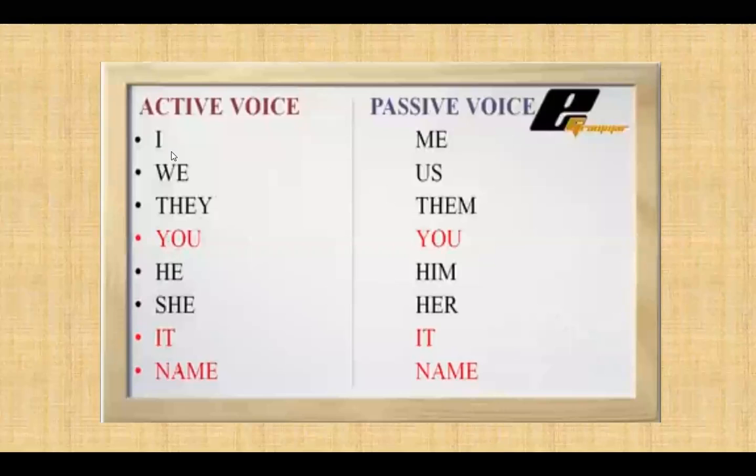Whereas the changes occur when we have I, we, they, he, and she in the active voice. I changes into me, we into us, they into them, he into him, and she into her. Is it clear, class?